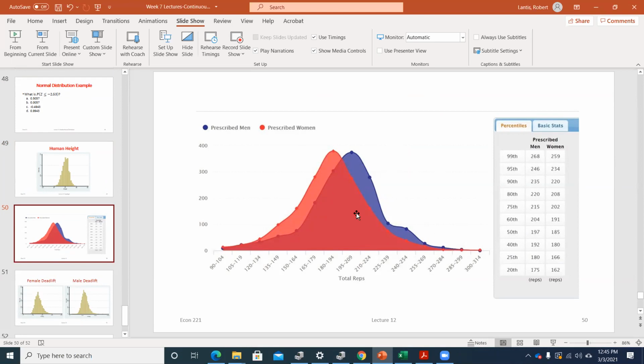I couldn't draw it probably closer, right? So that's why I was saying a lot of times in these biological things or human performance measures, we start to see a lot of normal distributions pop up. Maybe the males here weren't quite as perfect, but it's still pretty close, right? So I thought that was interesting that we see it pop up in this random working out thing.